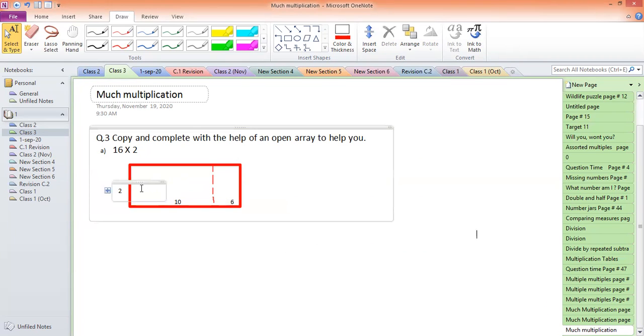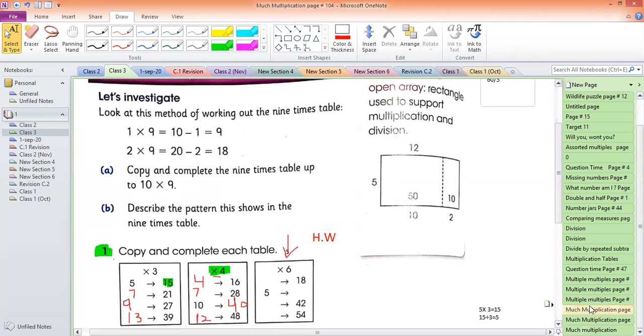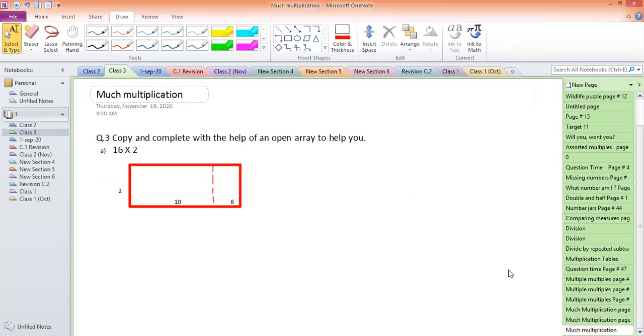I will check. 2 multiplied by 10 equals what? Then the answer of 16 multiplied by 2 equals... No, I don't need the answer. I am asking 2 multiplied by 10 equals what, guys? 20, sir. 20. Very good. So you will write 20 here down.